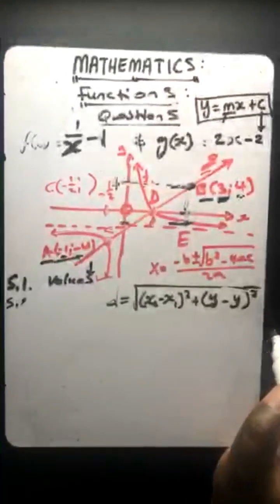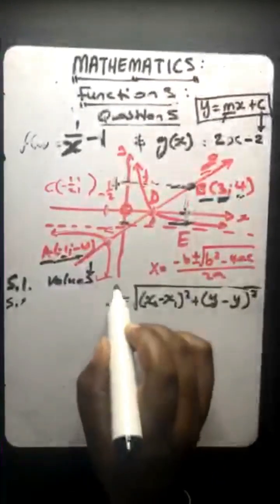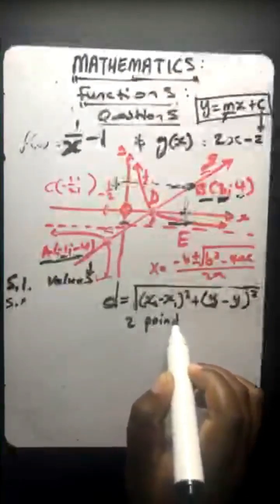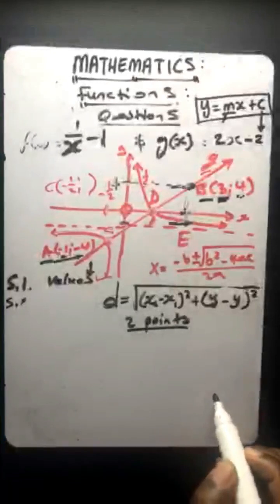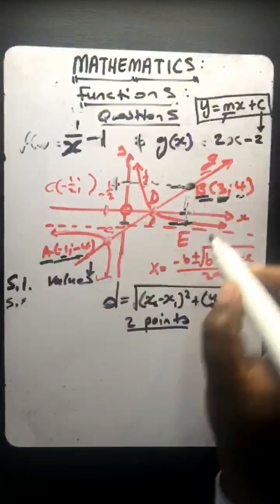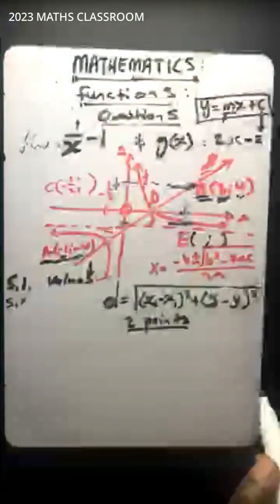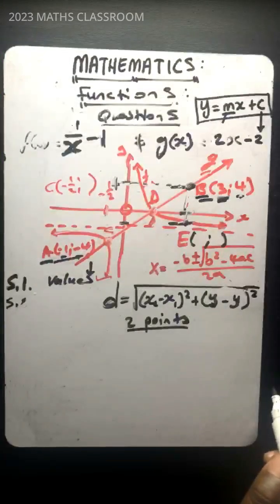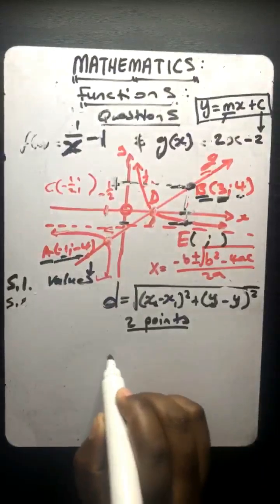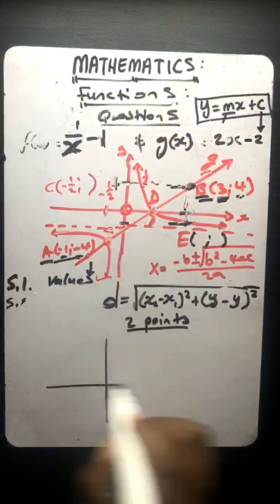But you only use this formula if you have two coordinates or two points. In this case, we only have point B. You don't know the coordinates for point E. That is why you can't use that formula. So this is what I'm going to do. I will try to explain differently.